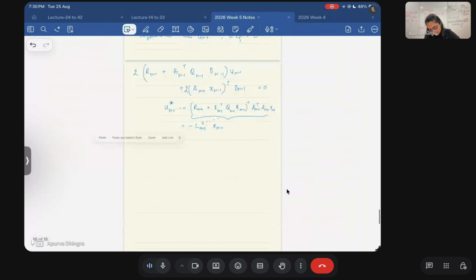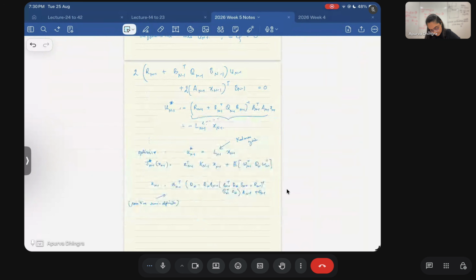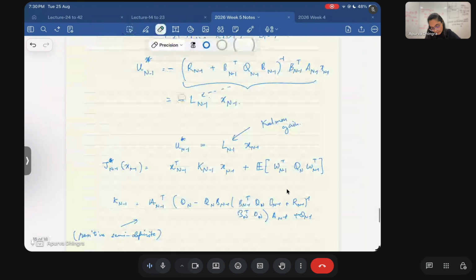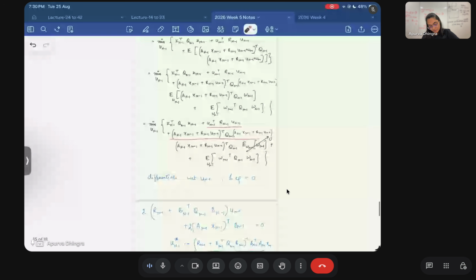For this particular object L, they've taken the negative inside, so this object L is called the Kalman gain. And now you could write down the optimal cost, which is substitute this back in the equation over here.